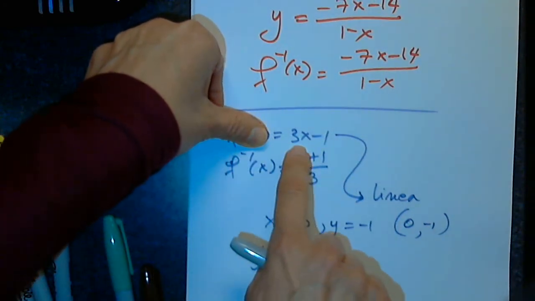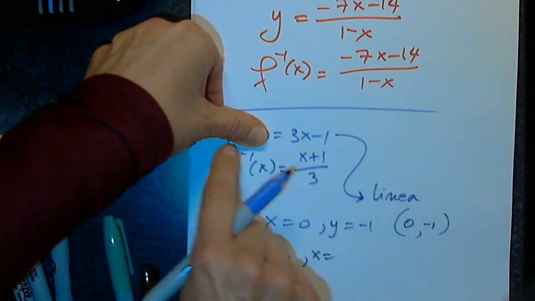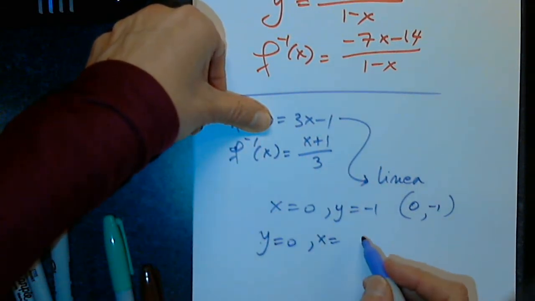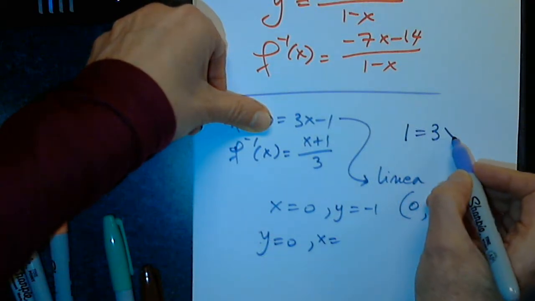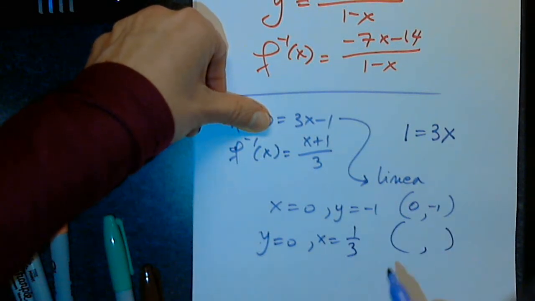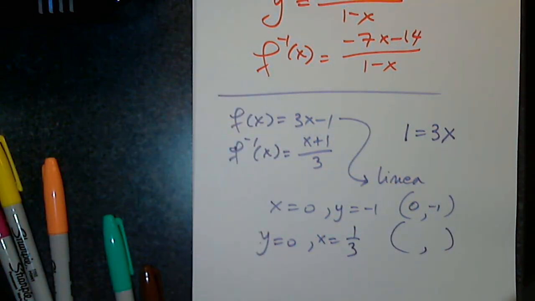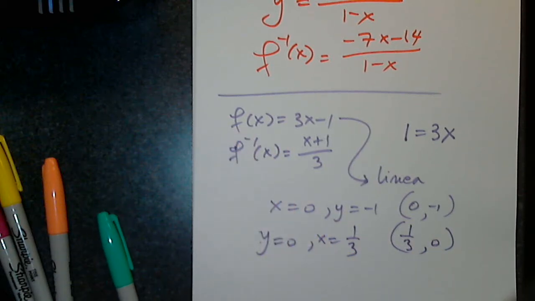And then I want when y is 0. 1 equals 3x. X equals 1/3, and the ordered pair is? 1/3, 0. Good. That's all we need to graph f. Agreed?